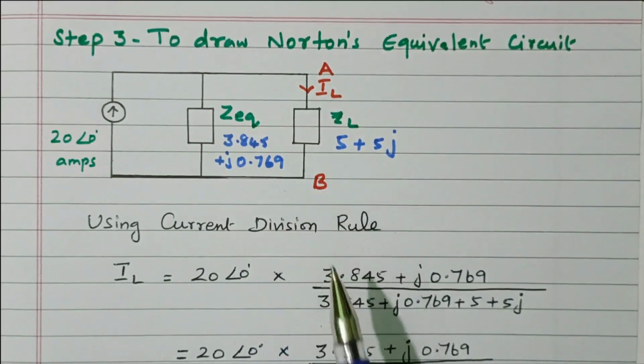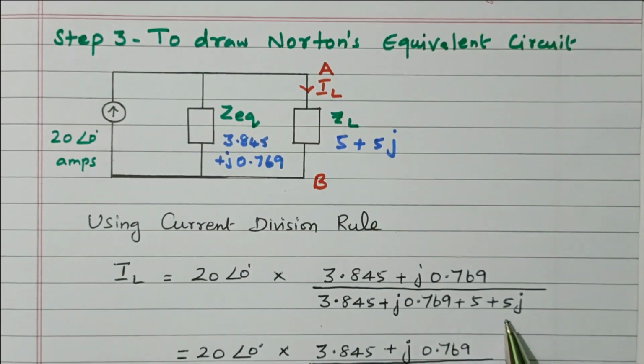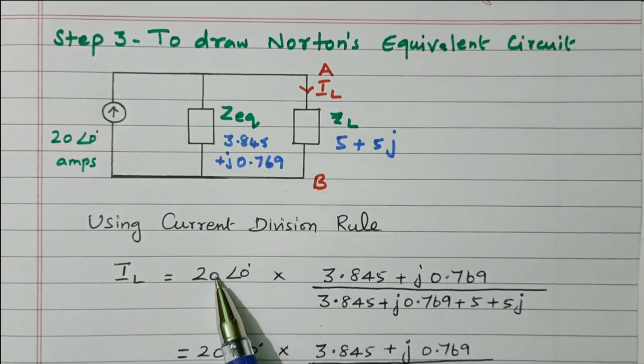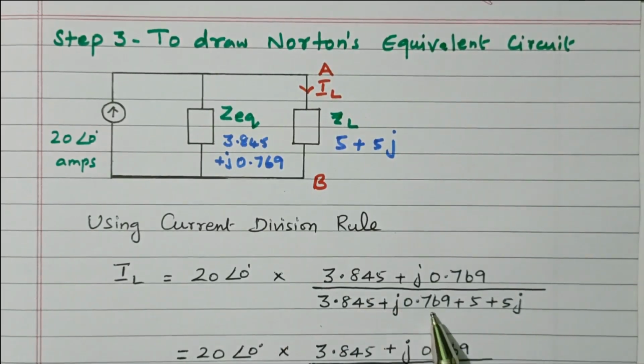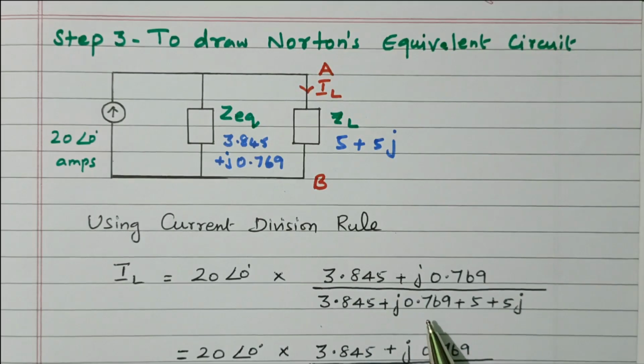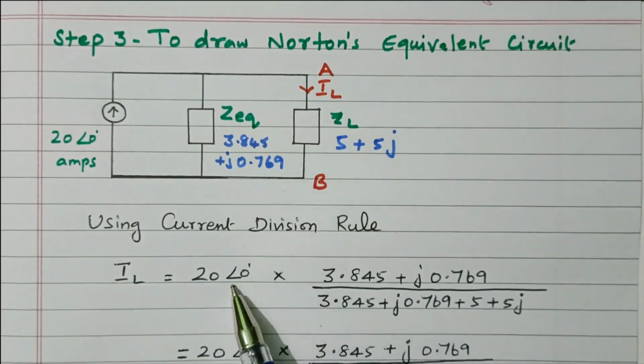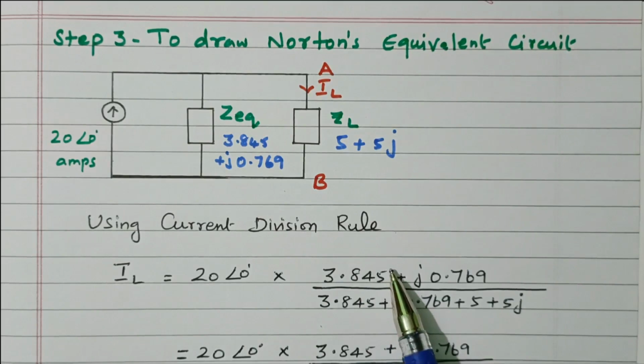We need to add both: 3.845 plus j 0.769 plus 5 plus 5j. Right? Total current multiplied by other branch impedance divided by total impedance. In case of voltage divider rule, total voltage is multiplied by same branch impedance. Current divider means other branch impedance.